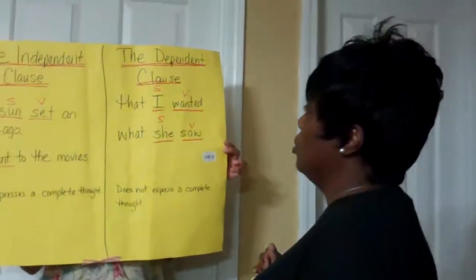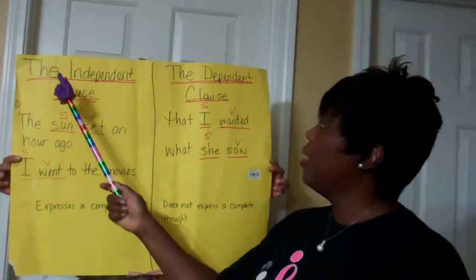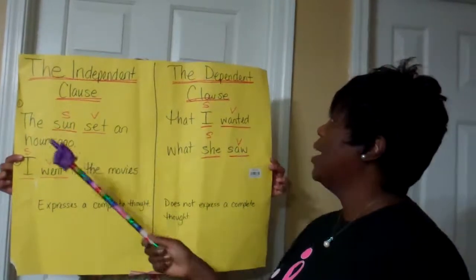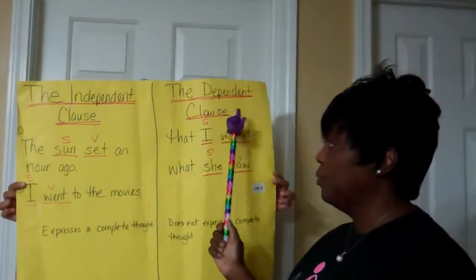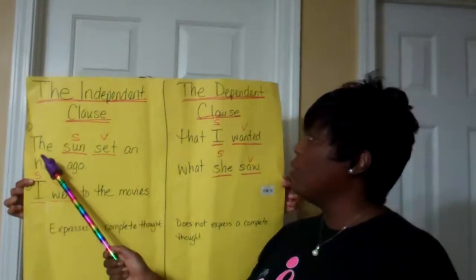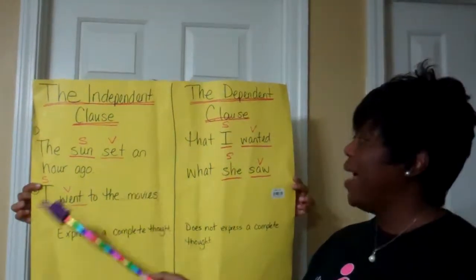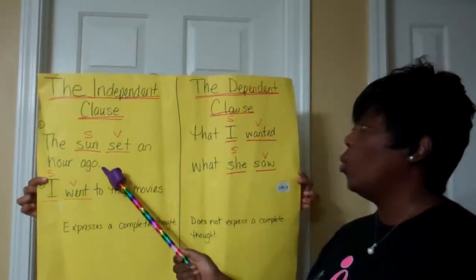Okay? Now let us look over this section of this chart. You have the independent clause and you have the dependent clause here. As we look at sentence number 1, or clause number 1, we have: the sun set an hour ago.